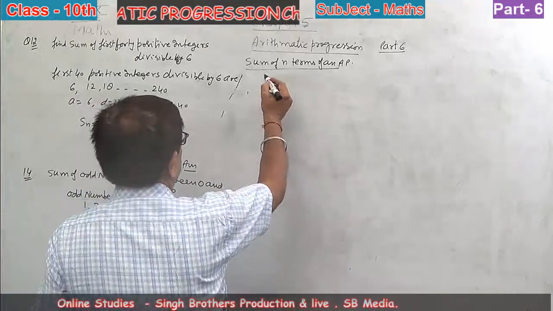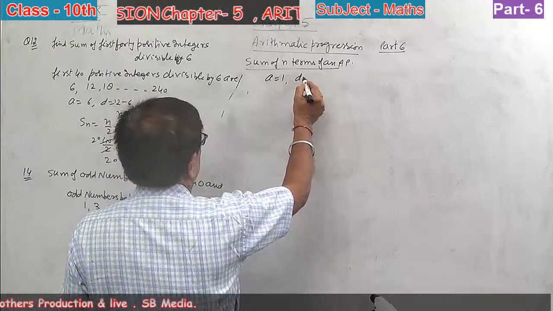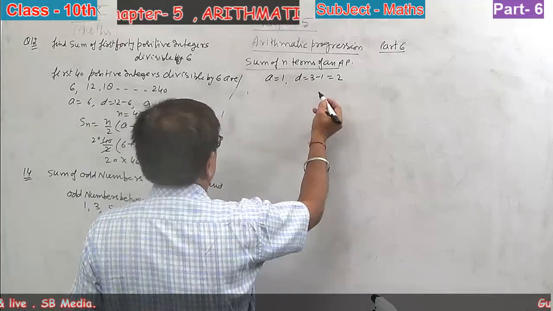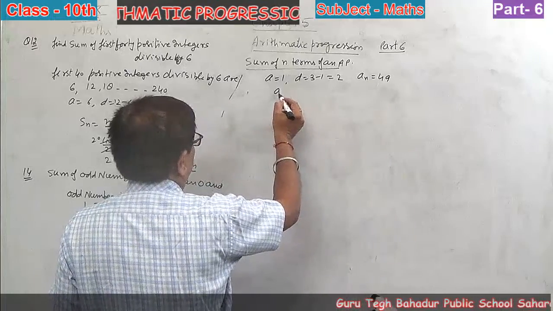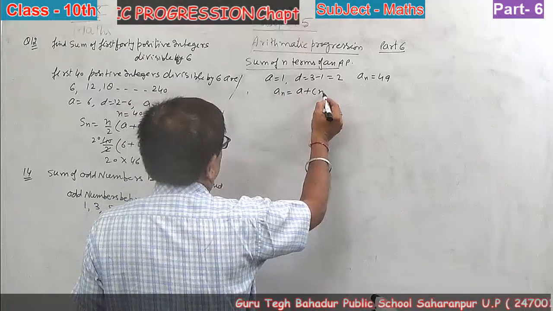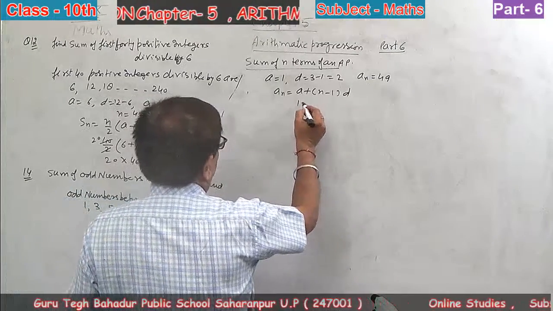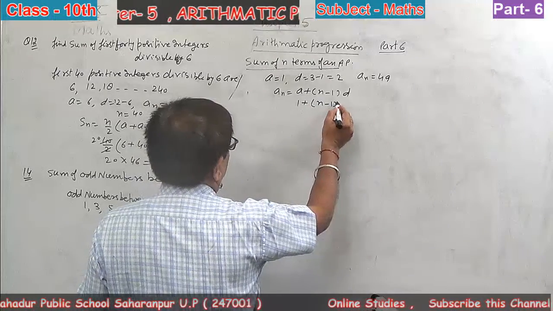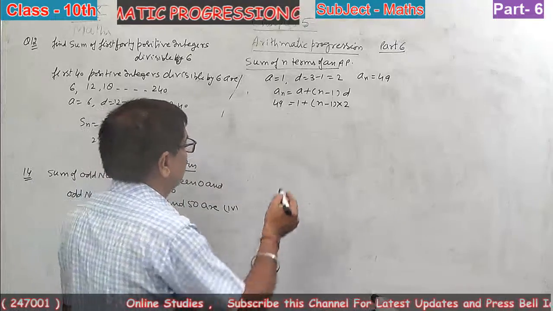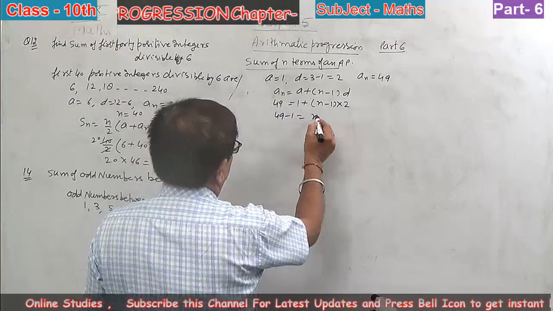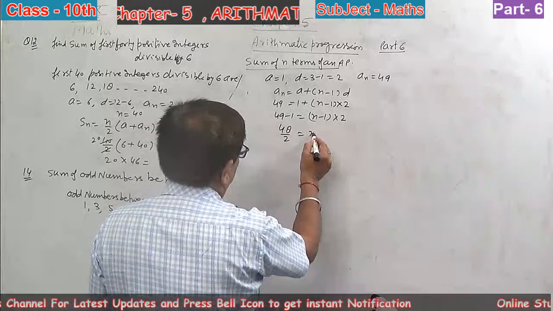So A is 1, D is 3 minus 1, that is 2, An is 49. So by An is equal to A plus n minus 1 into D: 1 plus n minus 1 into 2 is 49. 49 minus 1 is equal to n minus 1 into 2. 48 upon 2 is equal to n minus 1.